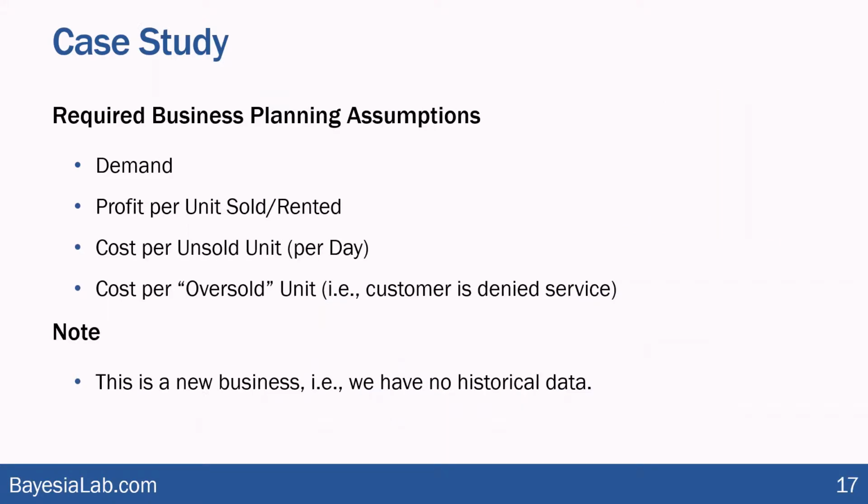So beyond demand, which we obviously need to estimate and assume, there are several other assumptions that we may need to make, such as the profit that we would make per unit sold or rented. Also, the cost per unsold unit. So if we hold an empty hotel room or fly an empty airline seat through the air, that's a cost to us.